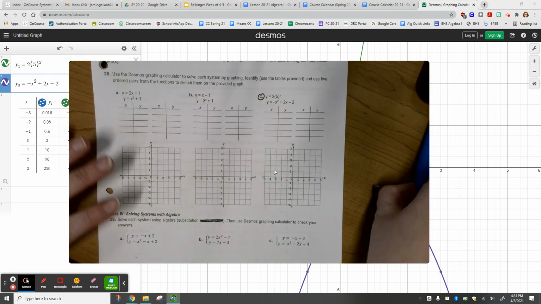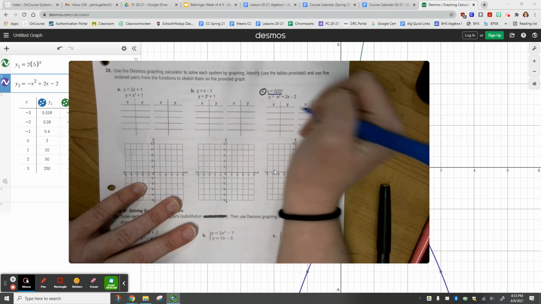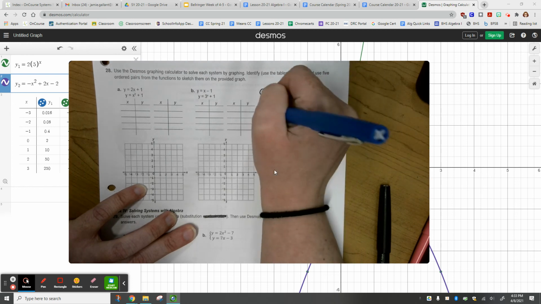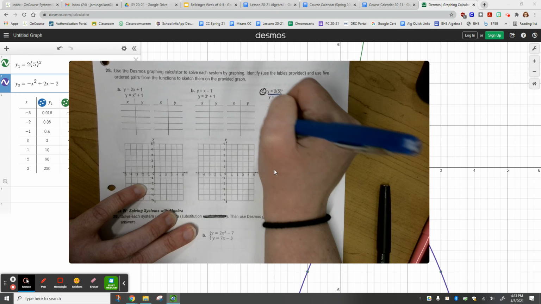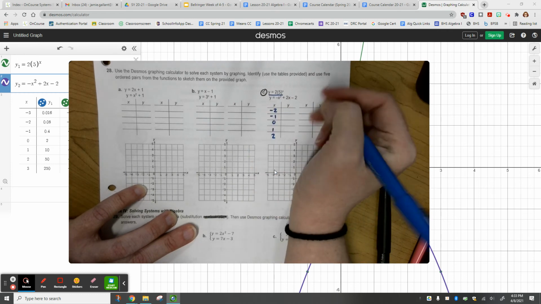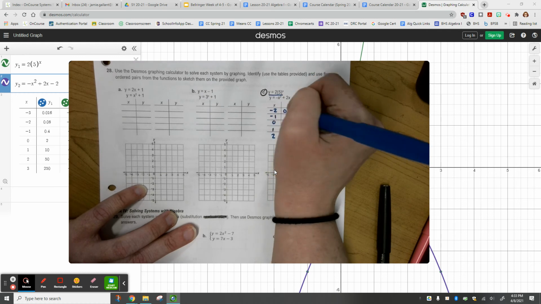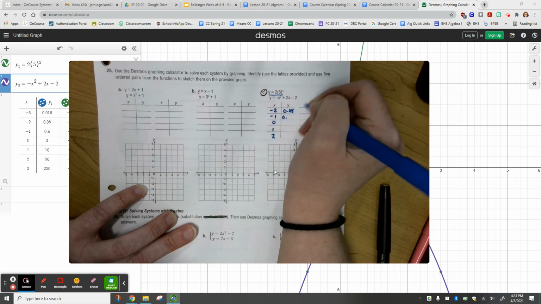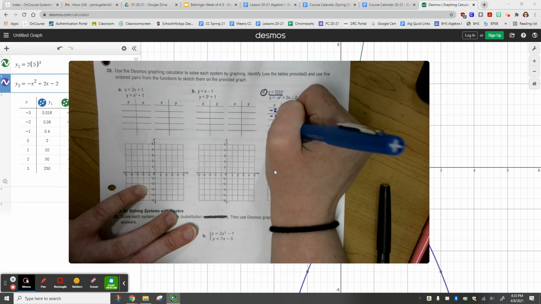So let's do this one in blue. Let's do -2, -1, 0, 1, 2. That would give me, I'm just copying from Desmos, 0.08, 0.4, 2, 10, and 50.